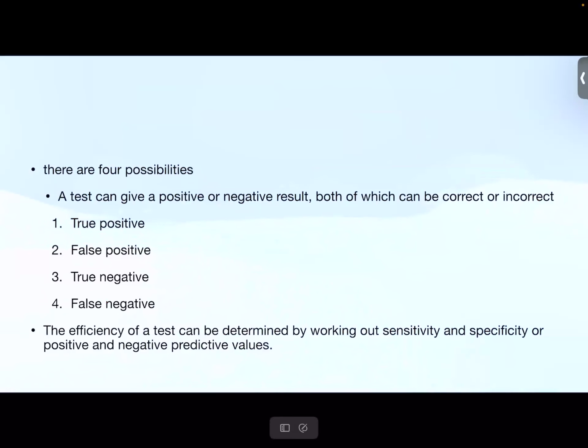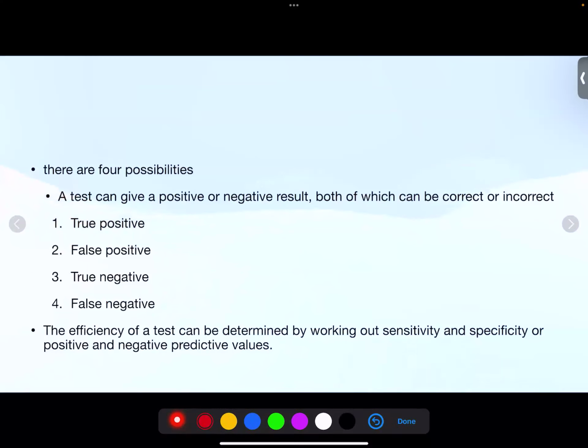Now whenever you do a test, the test has two possibilities: it can be a positive or a negative result, and this result can be correct or incorrect. So that is how we have four possibilities for any screening test.